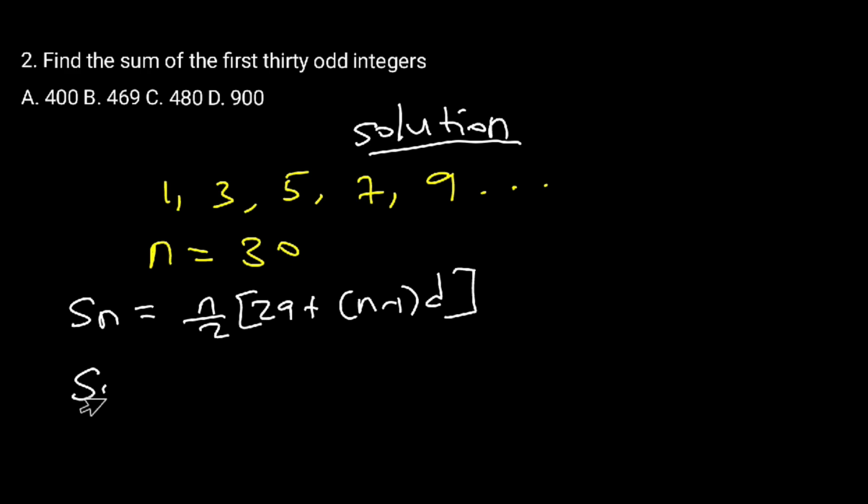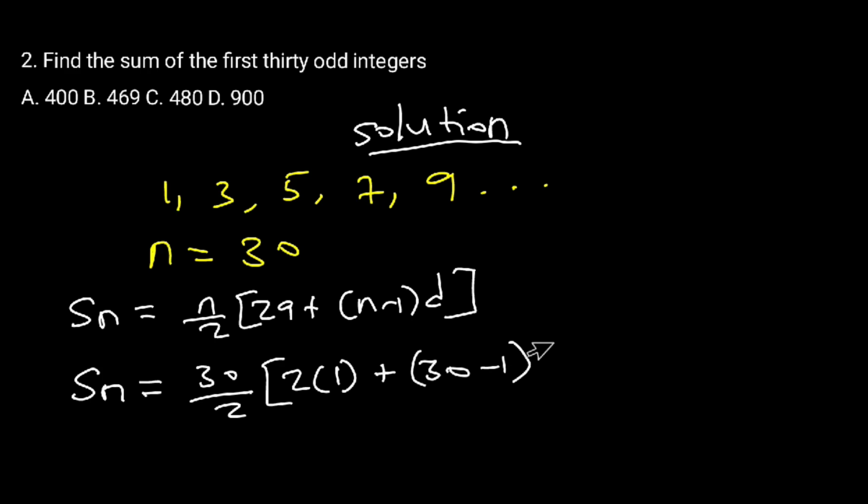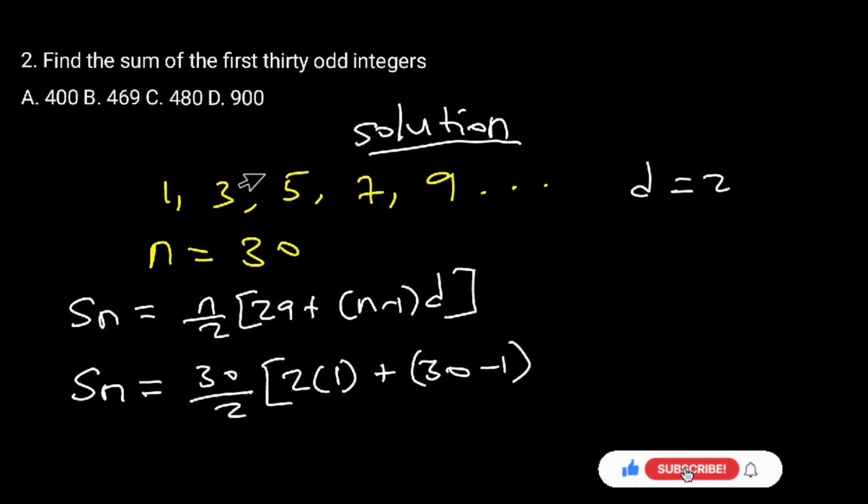So I write that Sn is equal to the number of terms, 30, over 2, multiplied by 2 times the first term, which is 1, plus the number of terms, 30, minus 1, then the common difference. The common difference is 3 minus 1, which is equal to 2. Or you can say 5 minus 3, which is also 2, and 7 minus 5, which is also equal to 2.